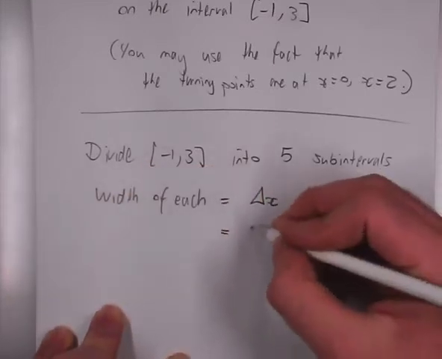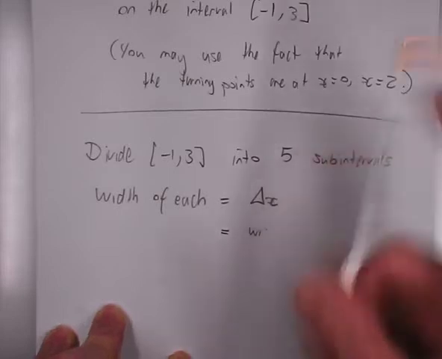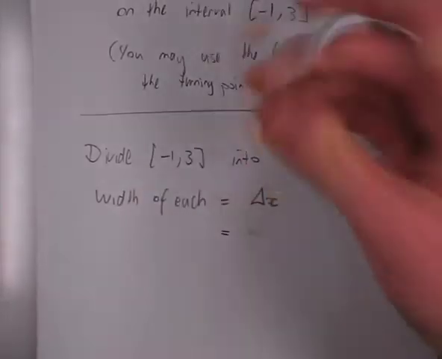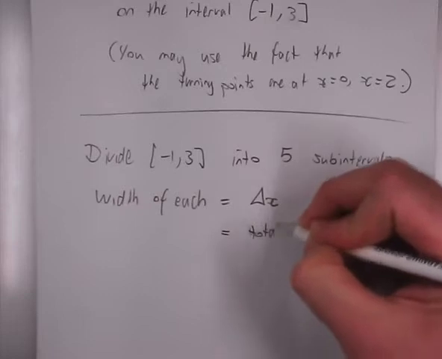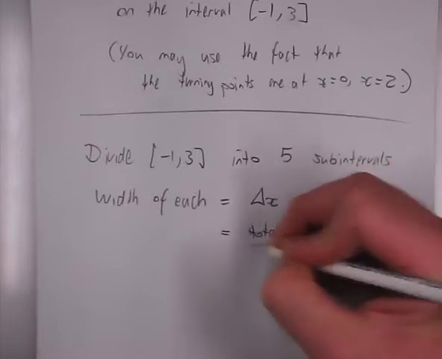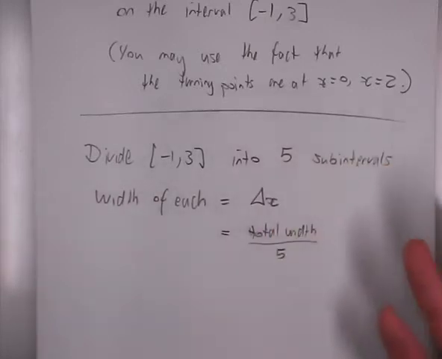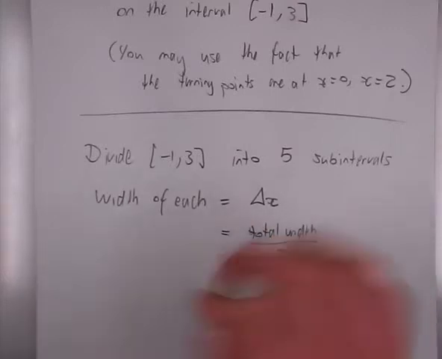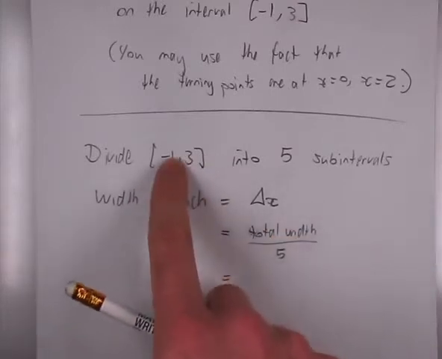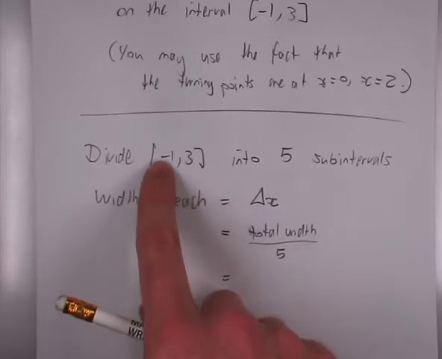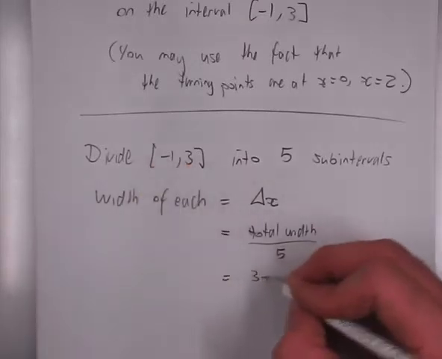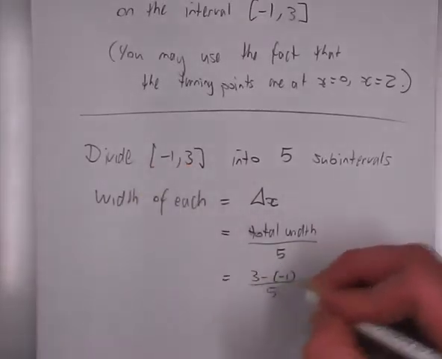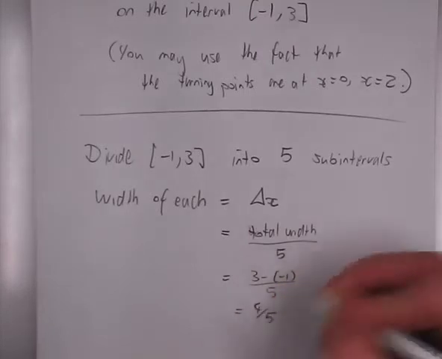So I'm actually going to write it here. Total width, because the total width has been cut into 5 pieces. The total width, of course, is 4 here, because you can do it as 3 minus 1 if you like. So (4/5).